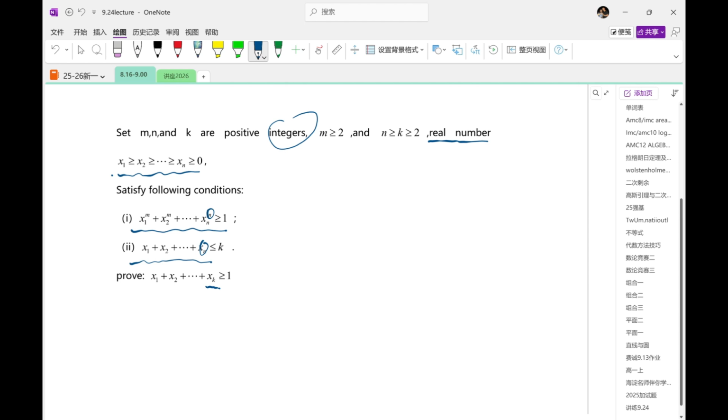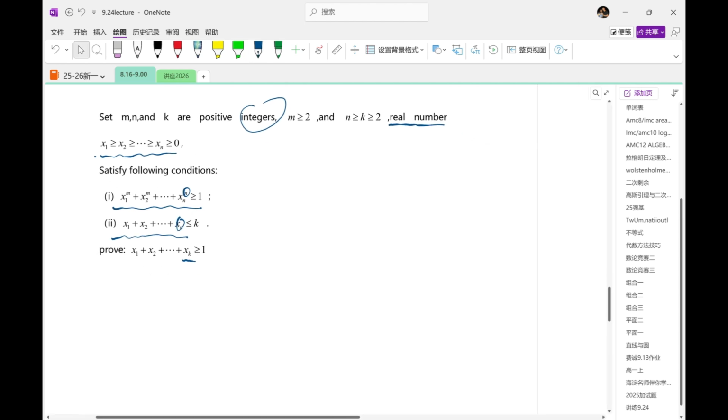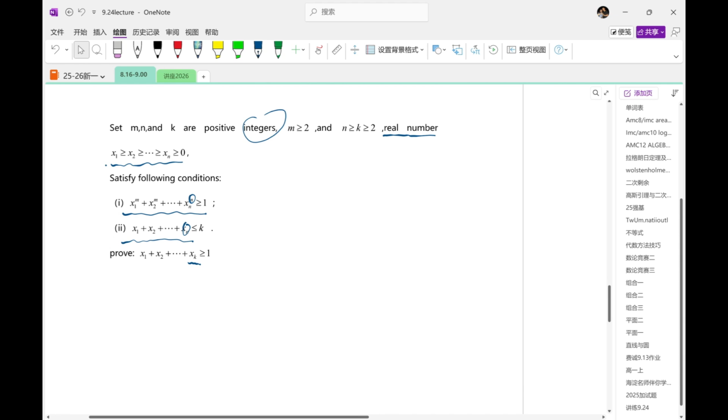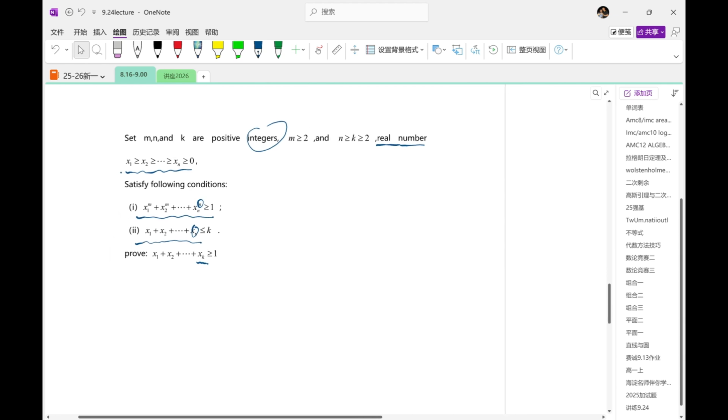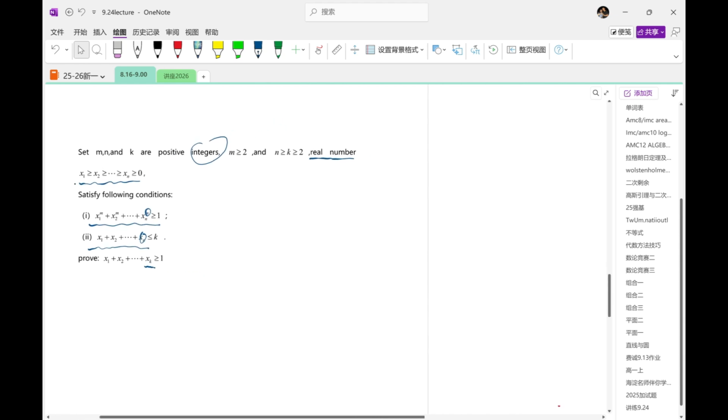This is an algebra question, so you always use the basic methods: contradiction and the resize algorithm.